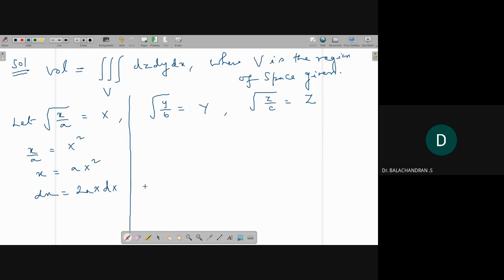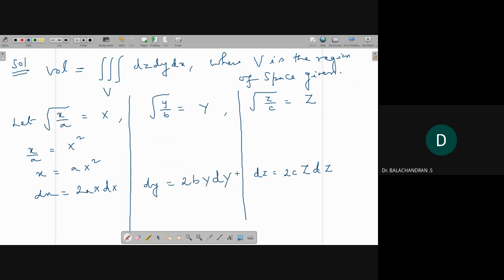Similarly, dy equal to 2bY dY, and dz equal to 2cZ dZ. So the remaining thing you can fill up. So I got dx dy dz.